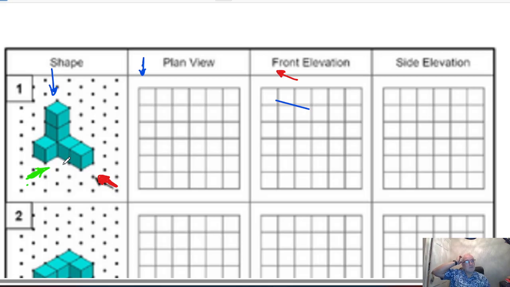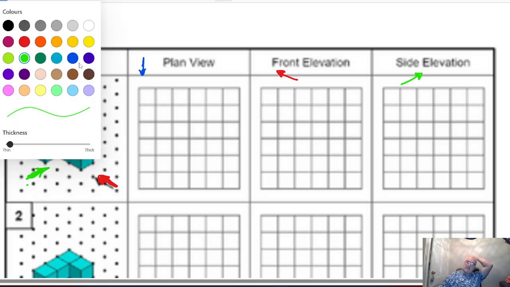Okay, so we're going to use that particular format. Like I say, on most questions it would give you a real detailed version of which side is which, so which is the front and which is the side elevation, because it will alter what you're actually drawing down.